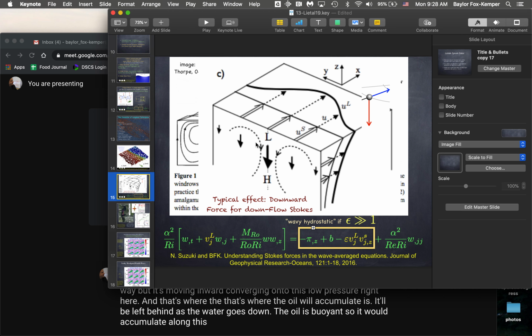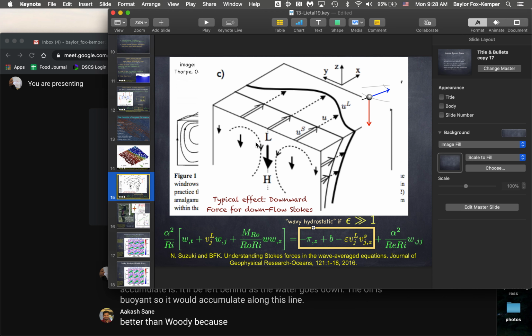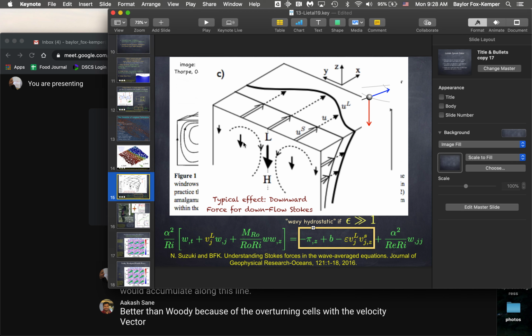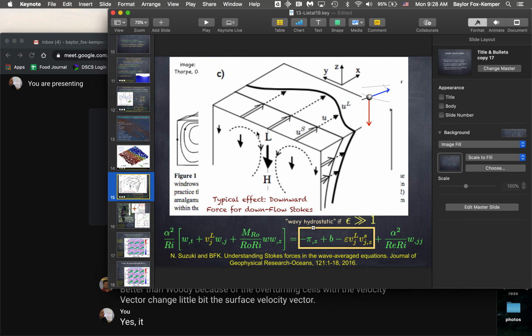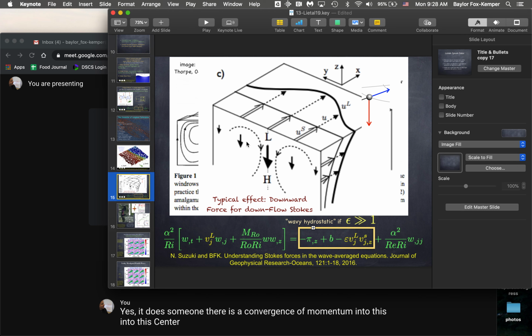Baylor, because of the overturning cells, would the surface velocity vector change a little bit? Yes, it does somewhat. There is a convergence of momentum into this center structure because of that.